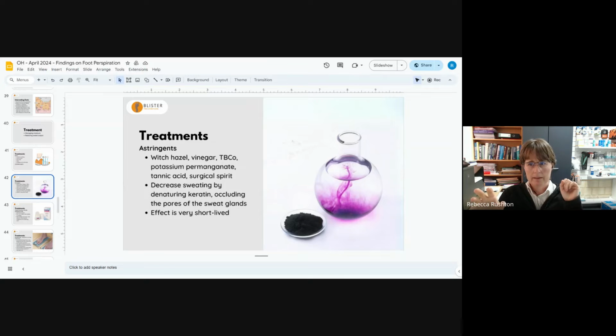That's why they can't really be used. This was done in military populations. When they added emollients to those preparations to try and reduce the degree of skin irritation, the blister prevention effect was lost. So I wouldn't think there's any spray, be it antiperspirant or astringent, is going to work that well.